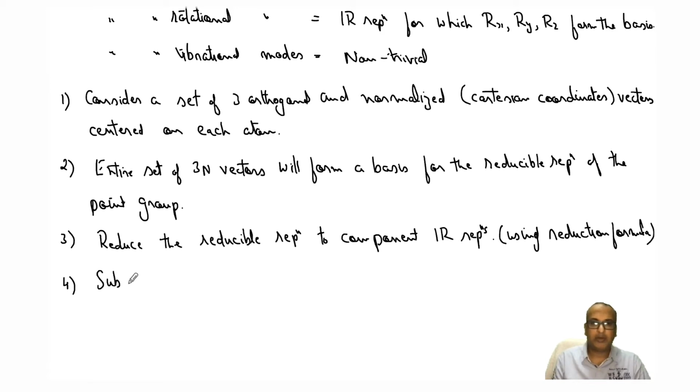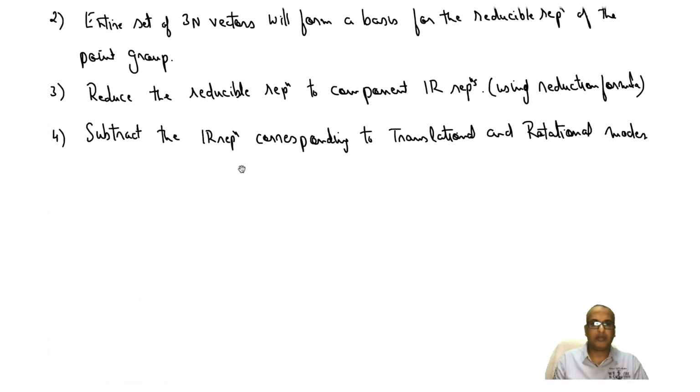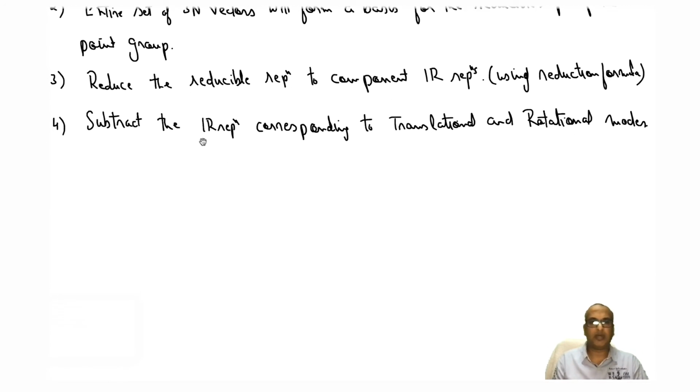Now what you have to do is, out of this, subtract the IR representations corresponding to translational and rotational modes. Once you subtract this, you will get the symmetry or IR representations which correspond to the vibrational modes.